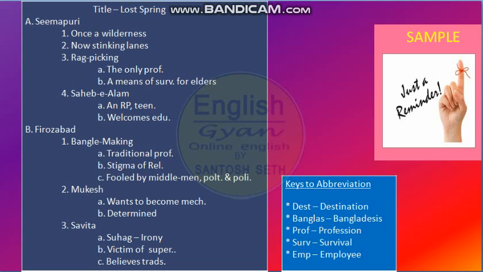In rag picking there is one more subheading: A, the only prof, means profession; B, means of surv for elders, surv means survival. Like this it is written in main point, sub point, sub point. And at last there is a key. That is also very important.